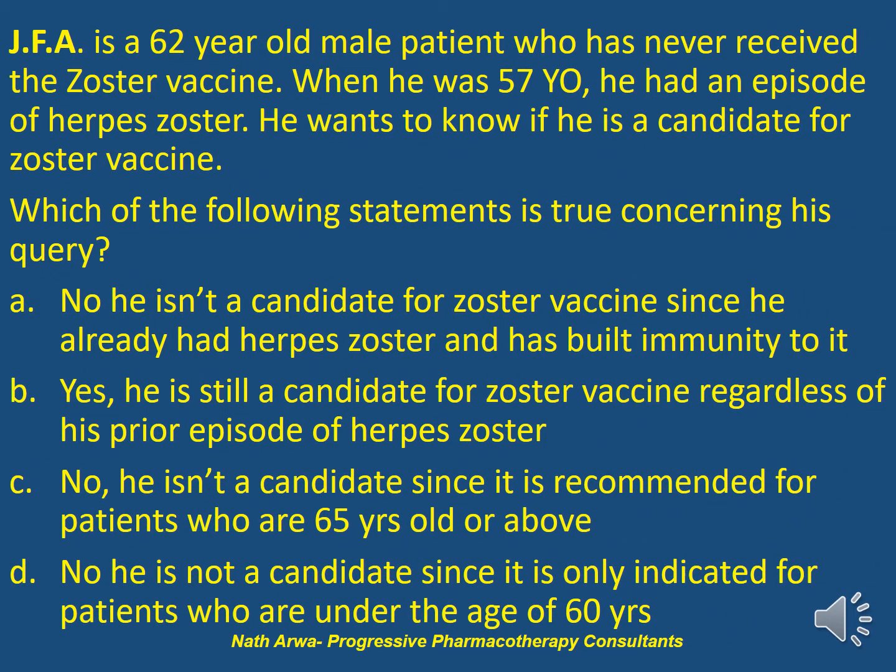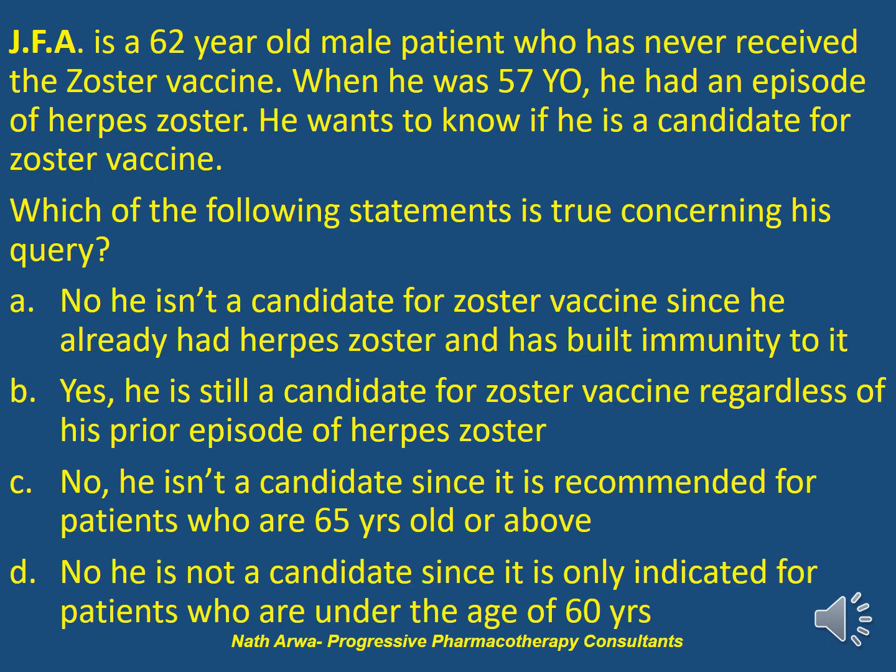So in our next question, JFA is a 62-year-old man who has never received the zoster vaccine. When he was 57, he had an episode of herpes zoster, and he seeks to know from you if he's a candidate for a zoster vaccine.